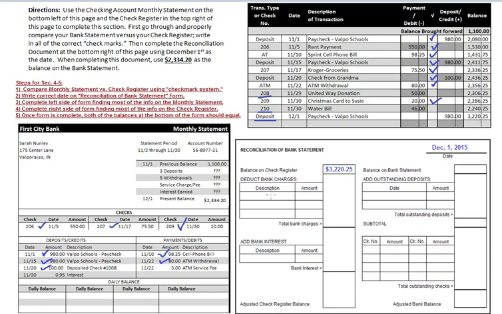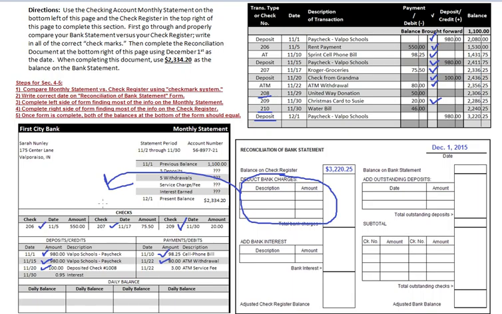What I need to do when filling out this box is go over to the bank statement and look for any bank charges, any fees the bank might be charging us. Perhaps we bounced a check. Bouncing a check is when you write a check and spend that money and you don't have the money in your account. That's not good.